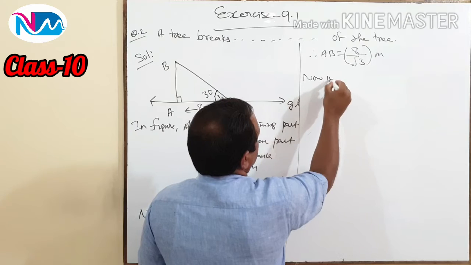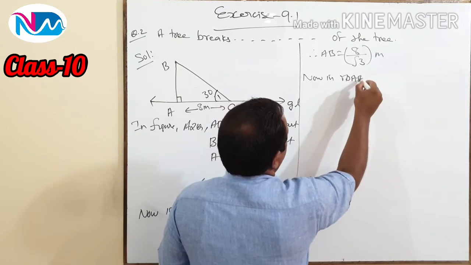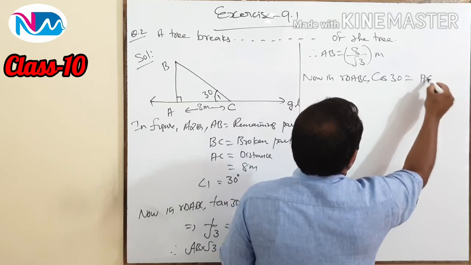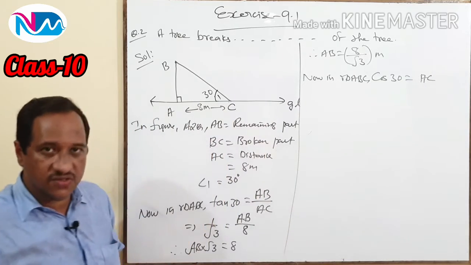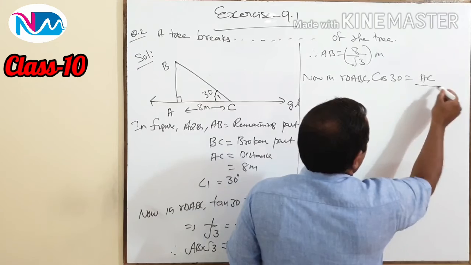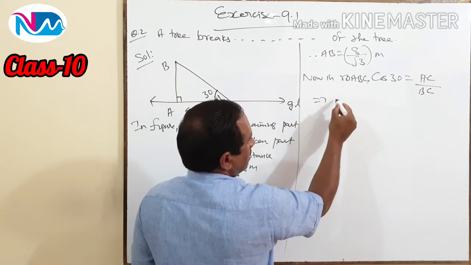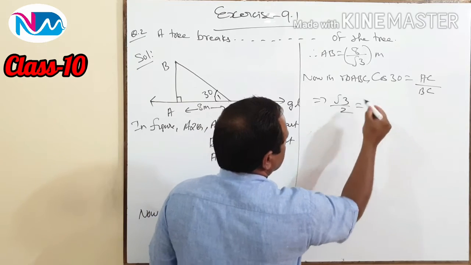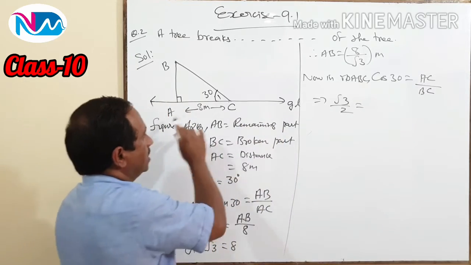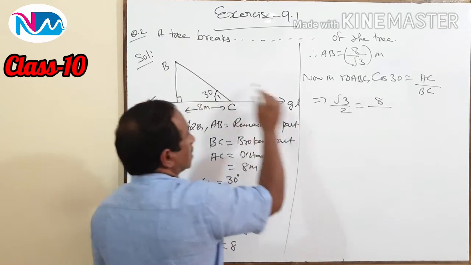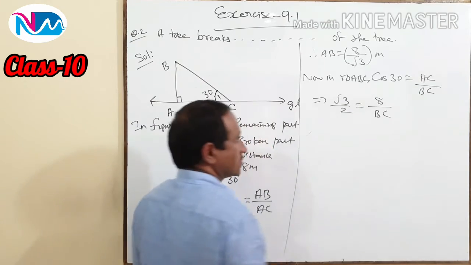Now, in right triangle ABC, cos 30 is equal to base AC by hypotenuse BC. Cos 30 is root 3 by 2 is equal to AC is the base, that is 8 divided by BC is the hypotenuse.